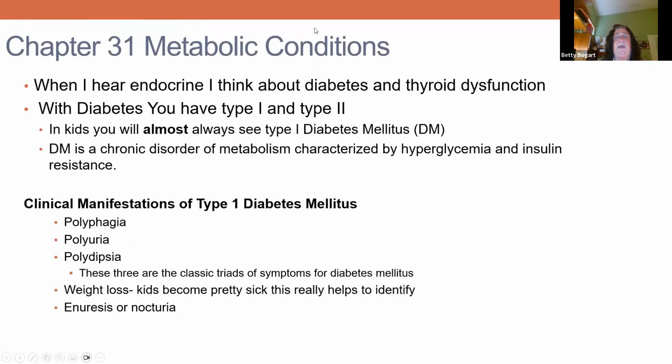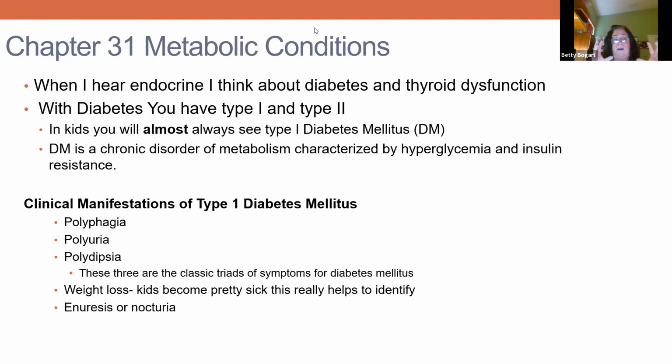So let's look at metabolic, type 1, type 2. Well, type 1 diabetes is what you see with kids. Some adolescents are type 2 because they're overweight, but in general, children are type 1. And once you're type 1, you're always type 1 because your pancreas isn't going to start to work.